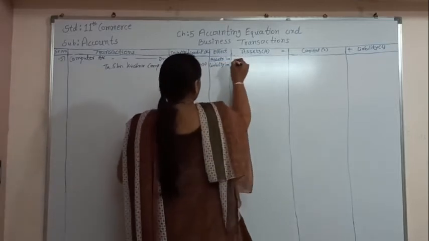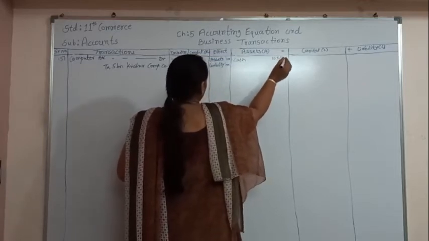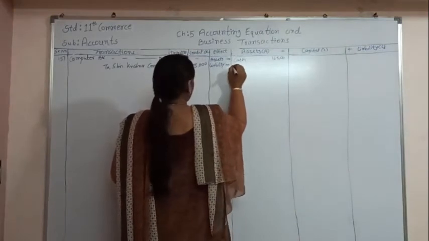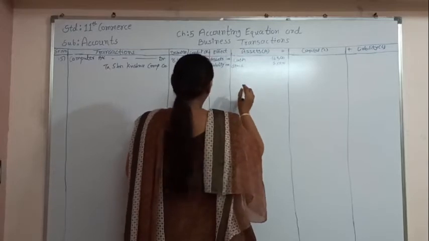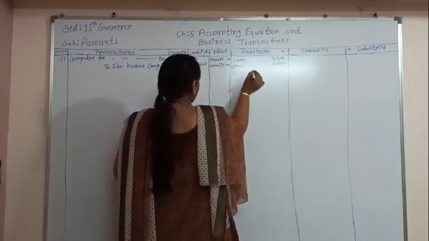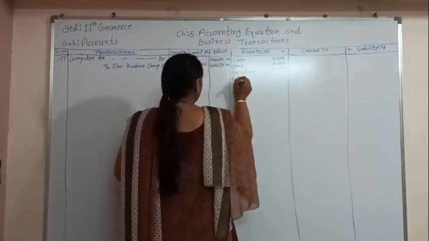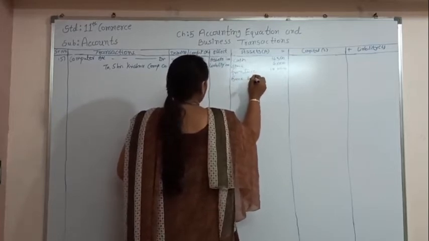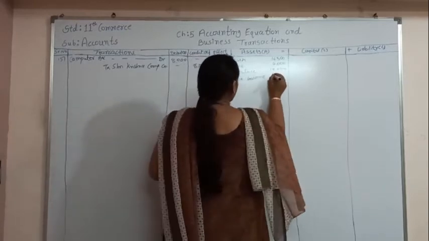Very first asset is a cash account and that is of 16,500. Then we can see the next is a stock and stock is of rupees 6,000. Then the next is a furniture and furniture is of rupees 10,000. Then bank balance is of rupees 5,000.